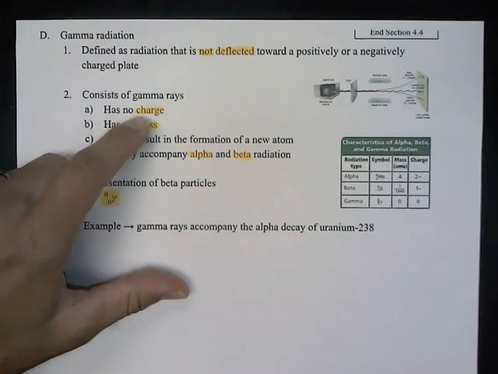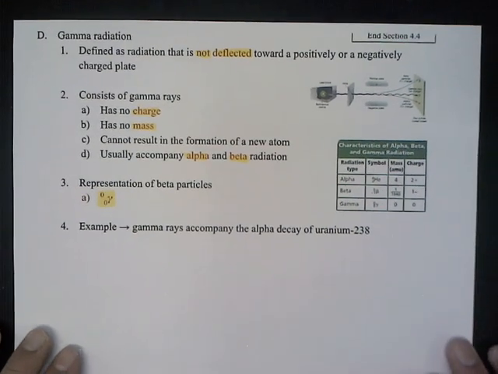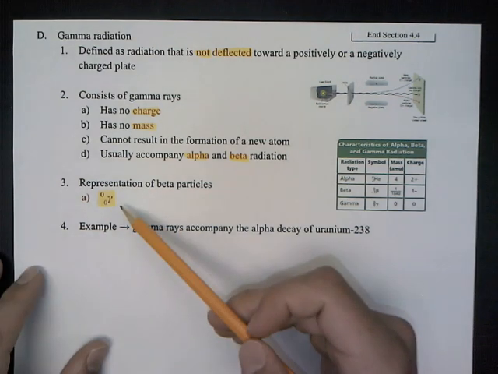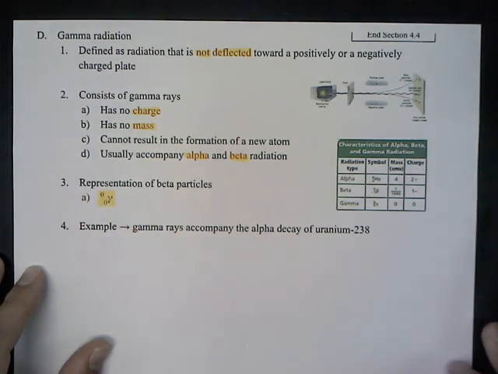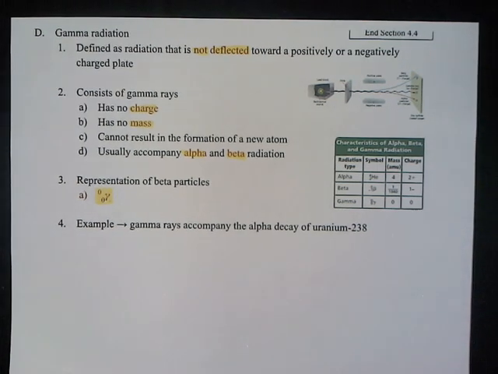So what this means is you're going to have energy that is emitted but doesn't affect the number of protons or the atomic mass of a particular atom. It's seen here by the Greek symbol gamma, and you see here it has an atomic mass of 0, and the number of protons is also 0. And usually it accompanies beta or alpha radiation.